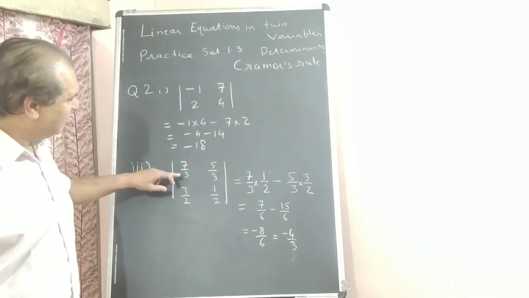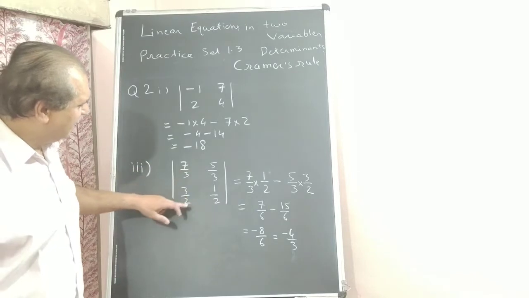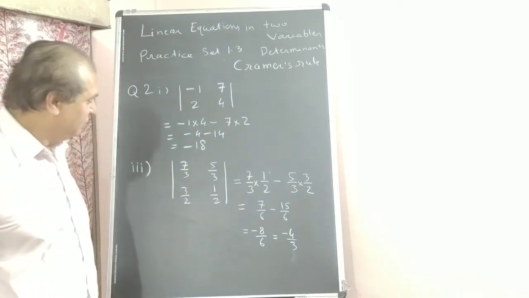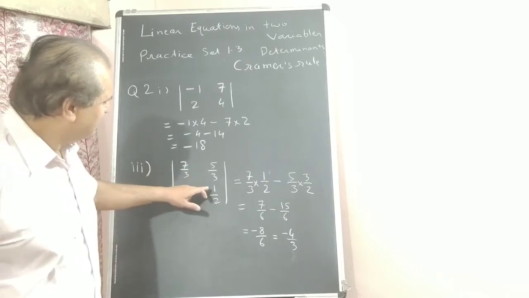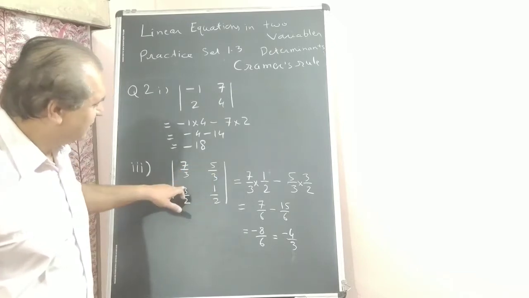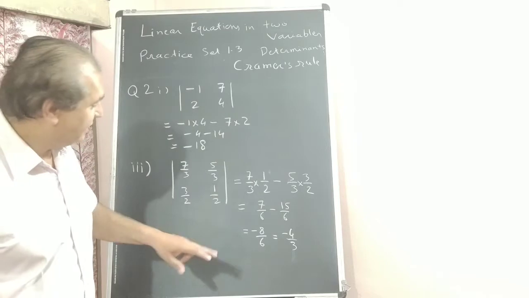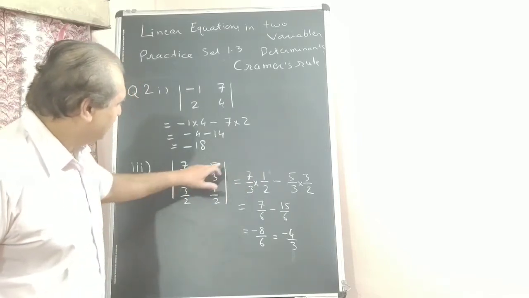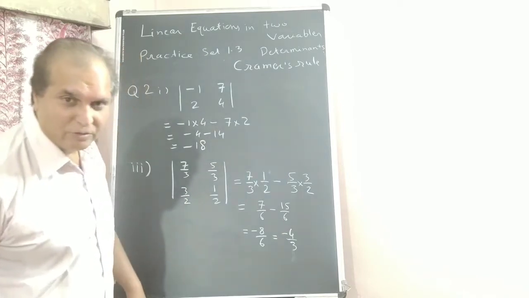Third sum I am doing: 7 upon 3, 5 upon 3, 3 upon 2, 1 upon 2. Find the value of the determinant. Same thing, this into this minus this into this. Don't change direction. 7 upon 3 into 1 upon 2 minus 5 upon 3 into 3 upon 2.